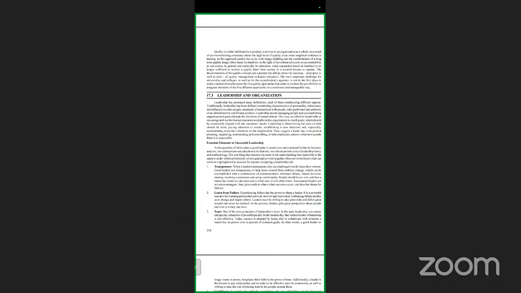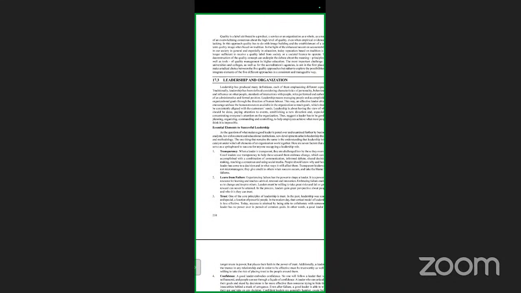Here are the essential elements of a successful leader. There is transparency; the leader should be transparent. The leader should learn from failure. They don't ignore failure; they accept it and learn from it. The leader can trust the people, the process, and the colleagues.